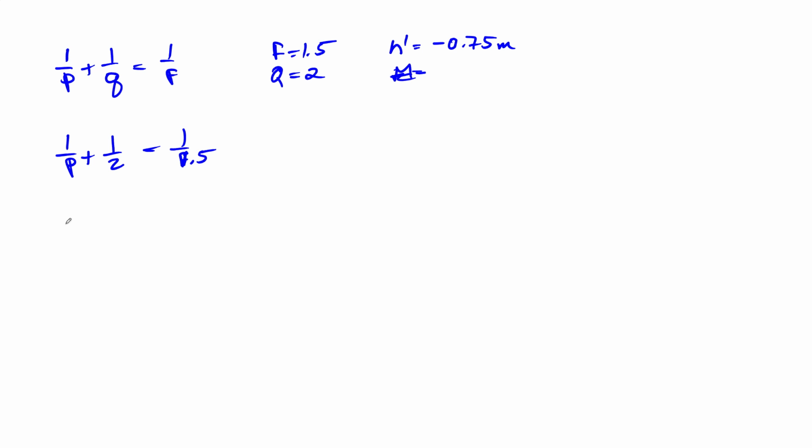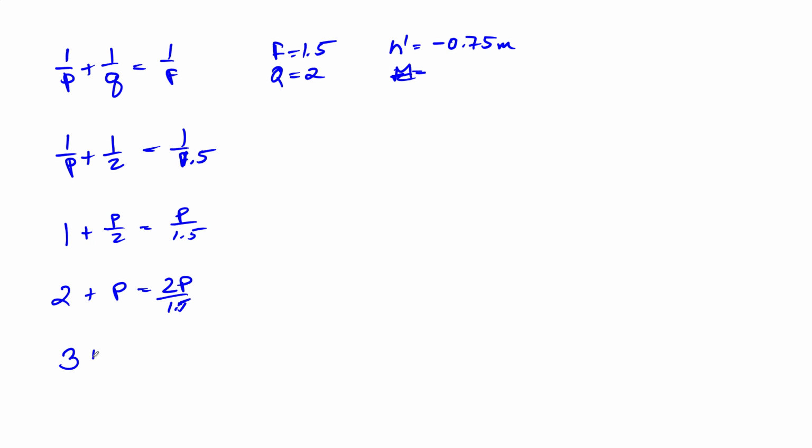Multiply everything by P. So 1 plus P over 2 is equal to P over 1.5. Multiply everything by 2. 2 plus P is equal to 2P over 1.5. Okay, multiply everything by 1.5.